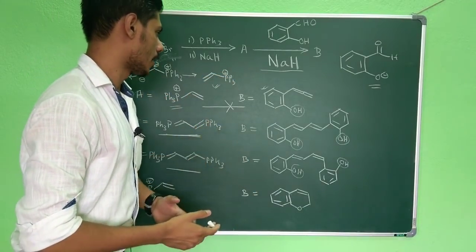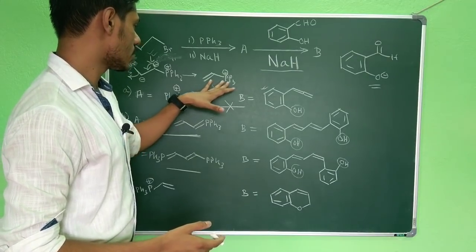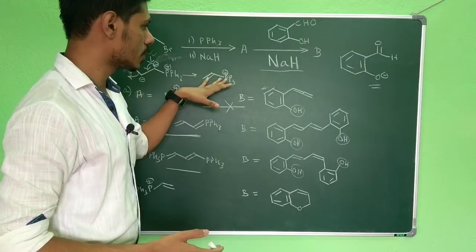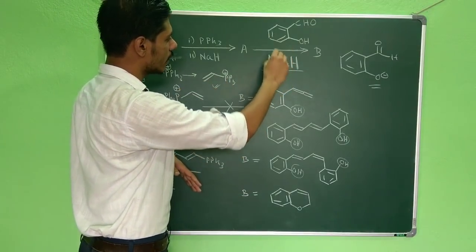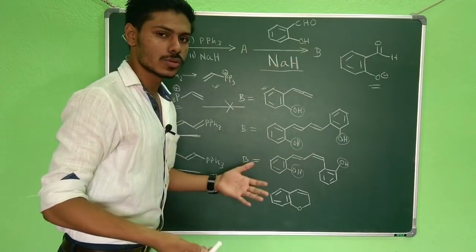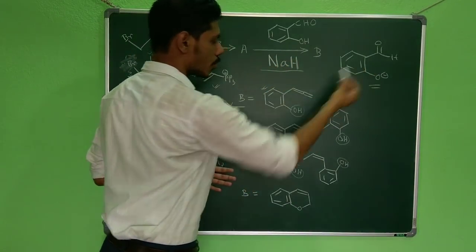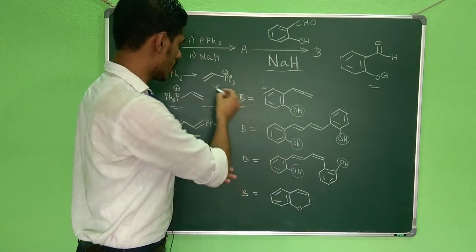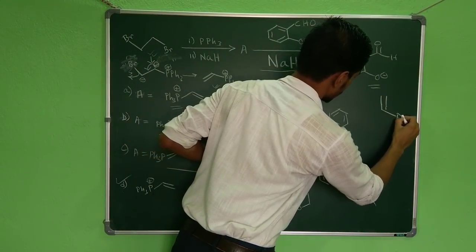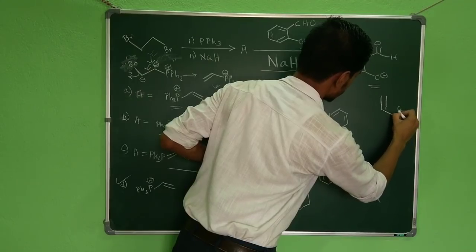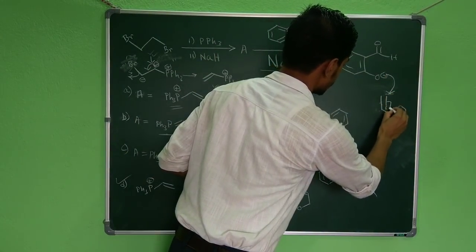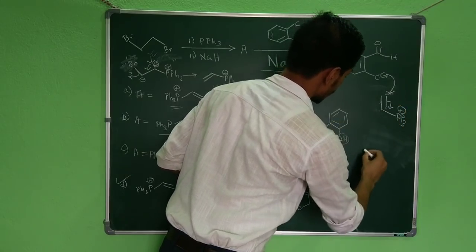Now what can happen next? You have this adjacent double bond and triphenyl phosphine plus, and when you add this salicylaldehyde along with sodium hydride, first deprotonation of the phenolic OH will occur. Now this O minus will attack over here on the PPh3 plus compound and this bond will break, so you will have a negative charge over here.